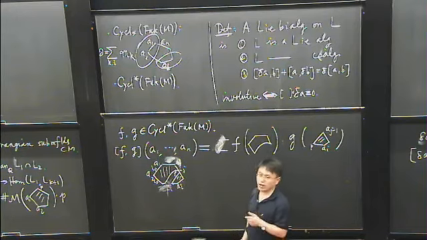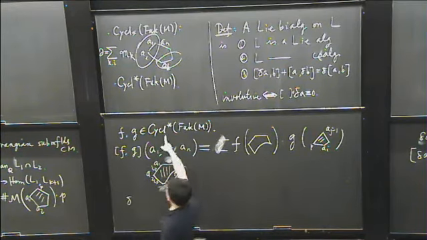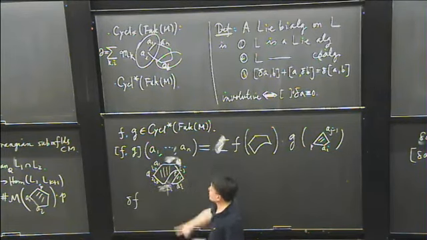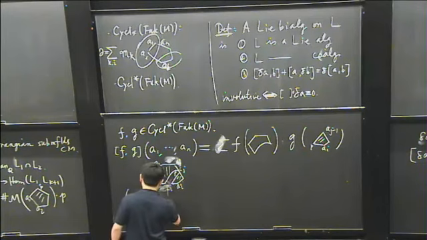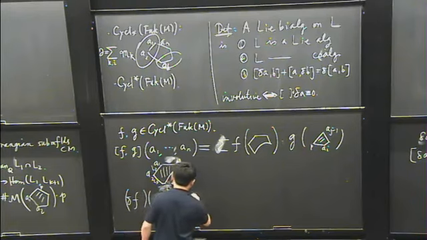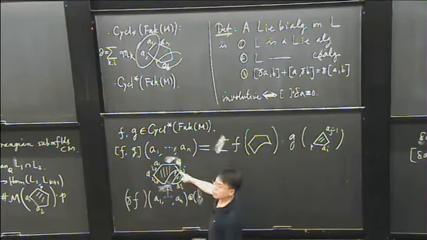Also, we can define the coproduct on the cyclic Cochin complex. Suppose I have an element in the cyclic Cochin complex, then it's the value on A1 to AN tensor, say, B. Sum over all such possibilities.